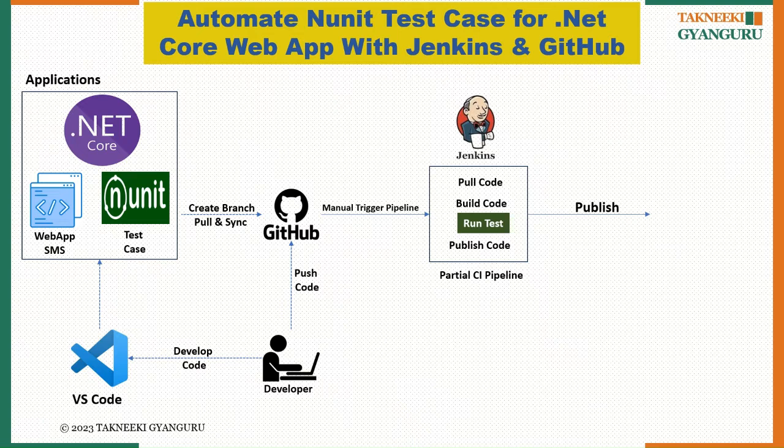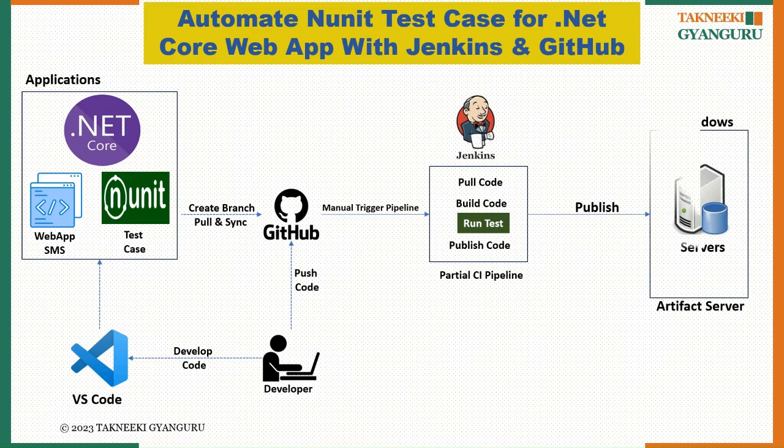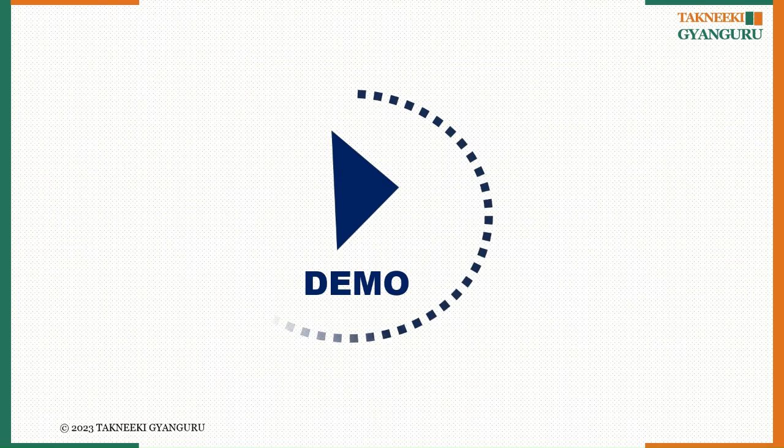If everything succeeds, then it will publish our code to the artifact server, that is the local folder. If it fails, then it will show you the error, the failed cases, in the error section. So this is done. Let's go and see the demo.